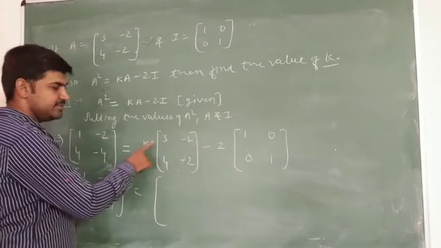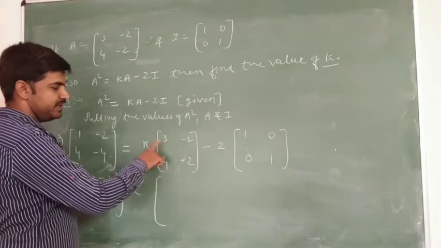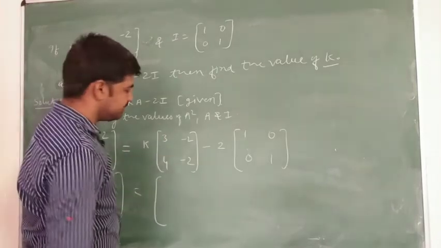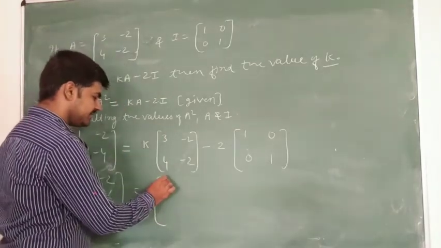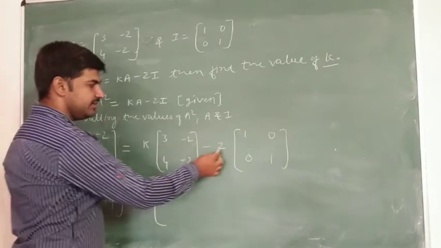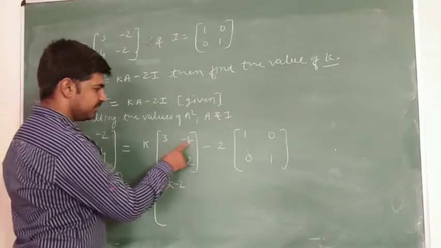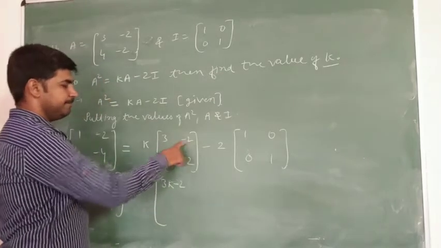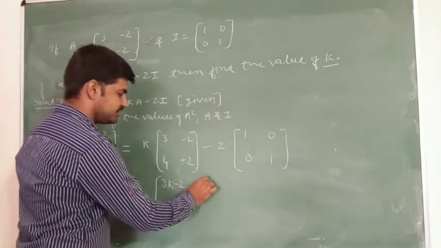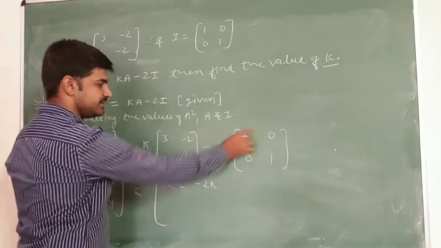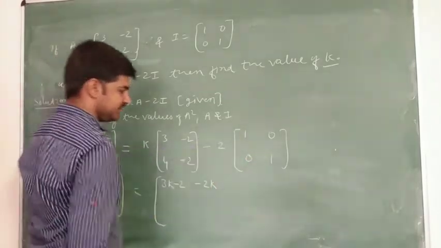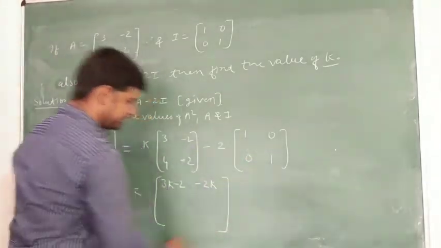As a scalar is multiplied by a matrix, each of the elements of the matrix will be multiplied by that particular scalar. So we have 3k and then minus 2. We have got it here, minus 2. Now this is minus 2 multiplied by k, so this is minus 2k, and minus 0, so it is minus 2k only.